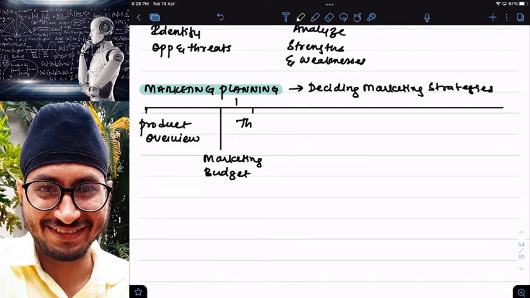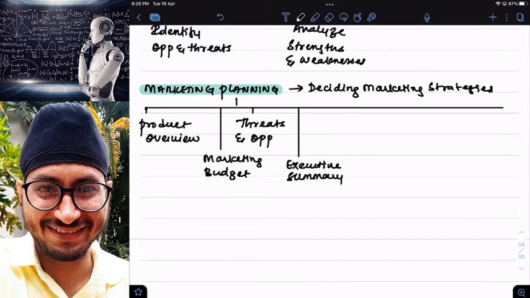You have to find out what is favoring you in the market and what is not favoring you. Then executive summary, which means a very short summary of the plan.